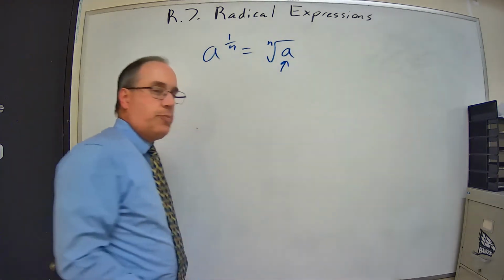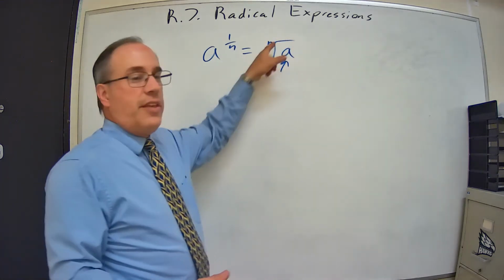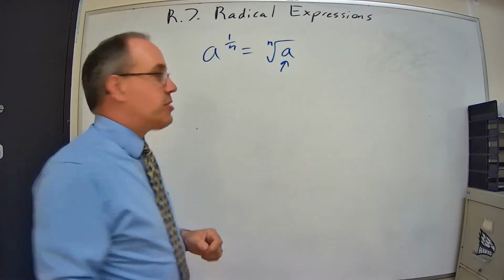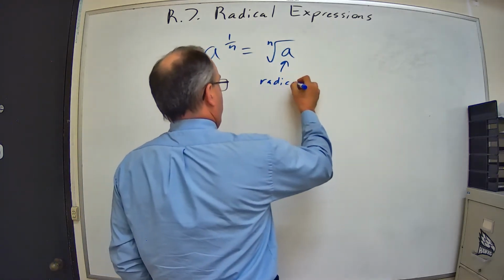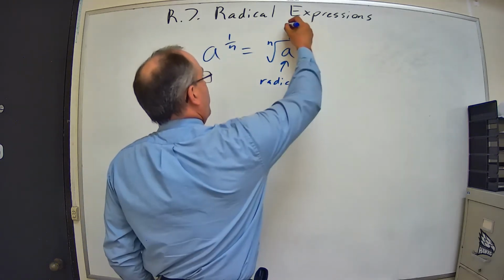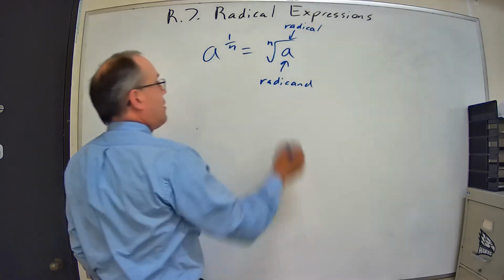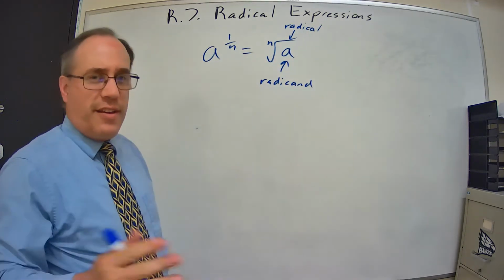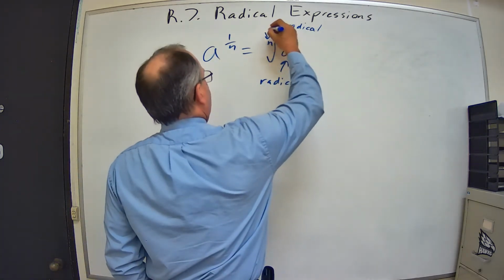In a radical expression, whatever is underneath this symbol is called the radicand. That symbol is called the radical. And this, in this case a letter or number, is called the index.